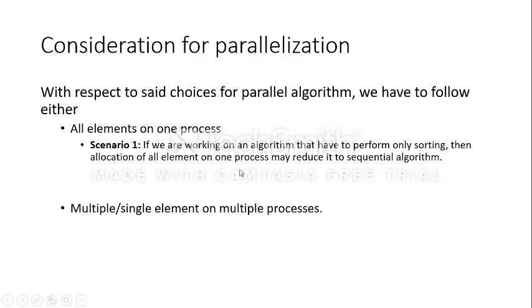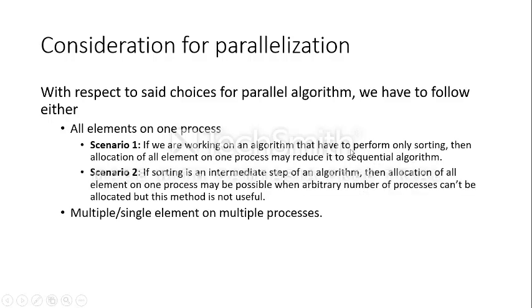So rather than distributing all of these values onto each of the nodes, I have allocated all the elements onto a single process. It is certainly possible, but again, this whole method is reduced to the sequential algorithm, and we want to avoid it.